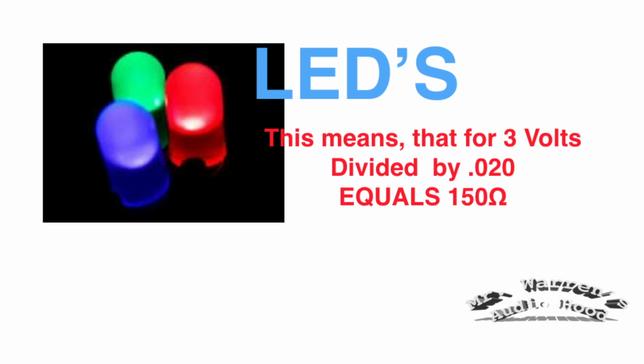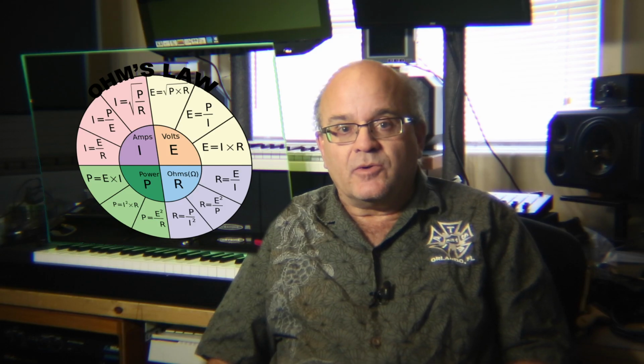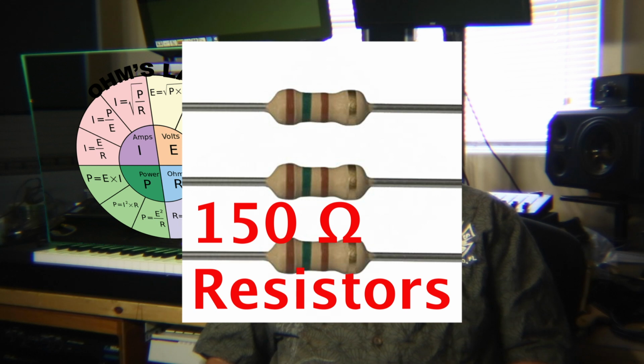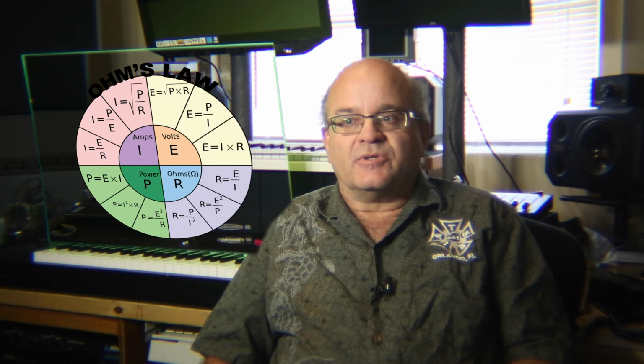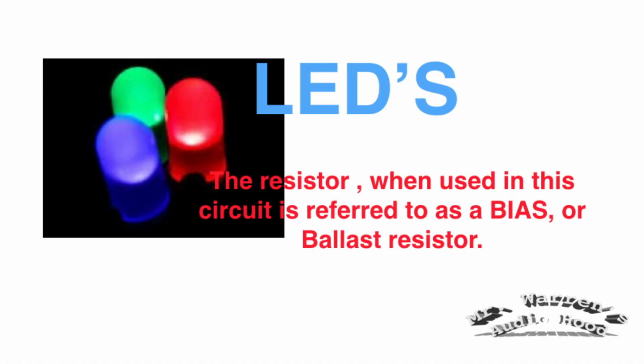So even at 3 volts, we still need a resistor with a value of 150 ohms to keep the current in the correct range. A resistor used in this situation is referred to as a current limiting resistor, or a ballast resistor, or as a bias resistor, depending on who you're talking to.